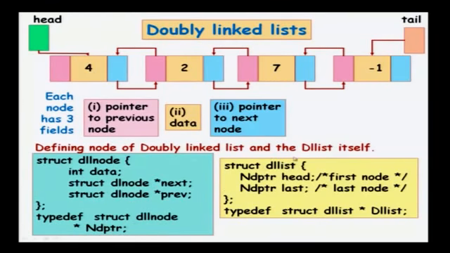And then the list has two node pointers, node pointer head and node pointer last. So, each node in the doubly linked list has two links, one to its previous node and another to its next node, and the list itself has two pointers, one to the beginning of the list called the head and another to the end of the list called the tail.